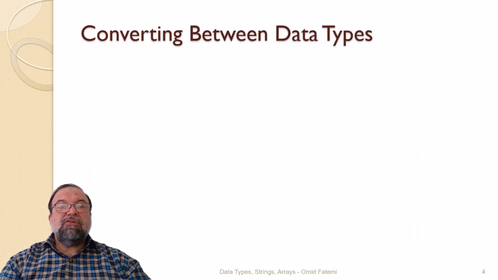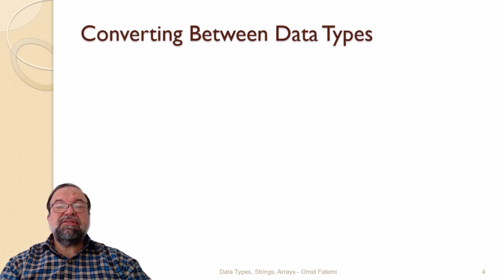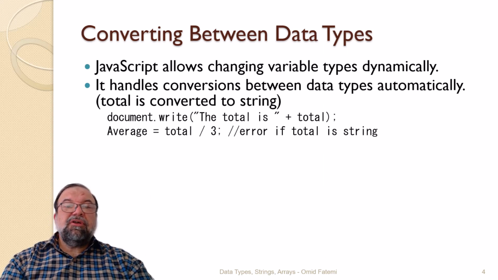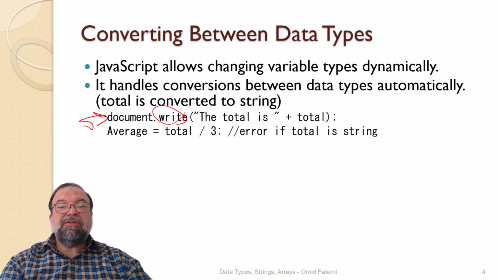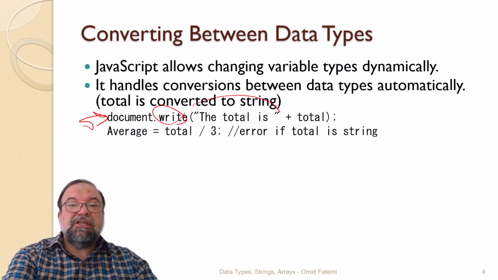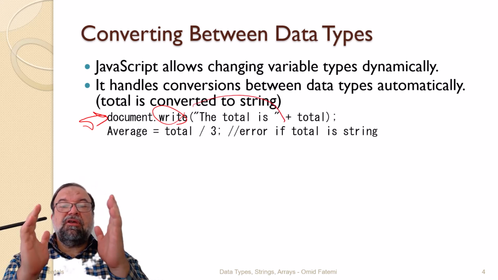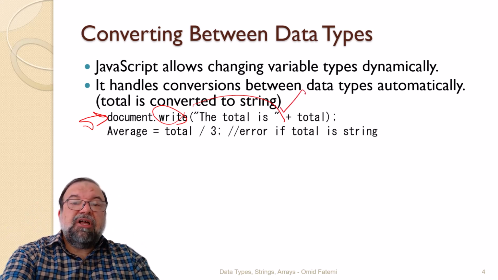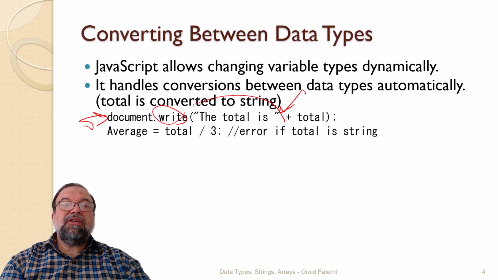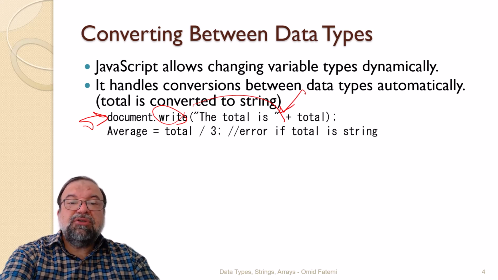As I told you, JavaScript is a dynamically typed language, so it converts the data types automatically. For example, you write document.write, you know this method. "The total is" is a string inside double quotes, and then plus, which is the operator for concatenation of strings, and then total.